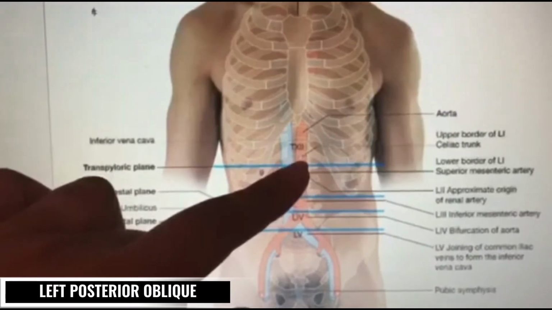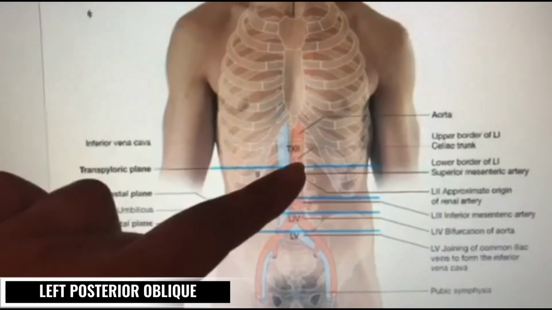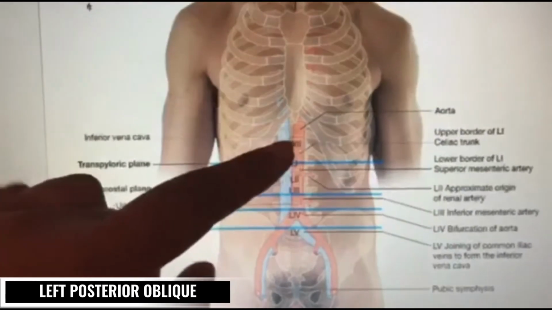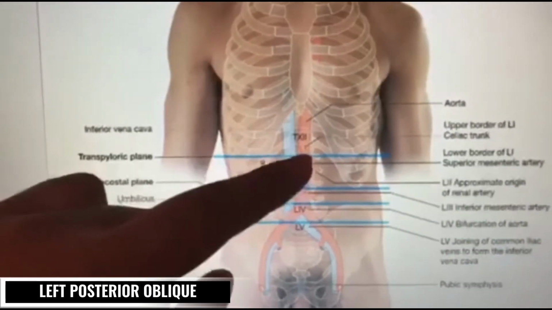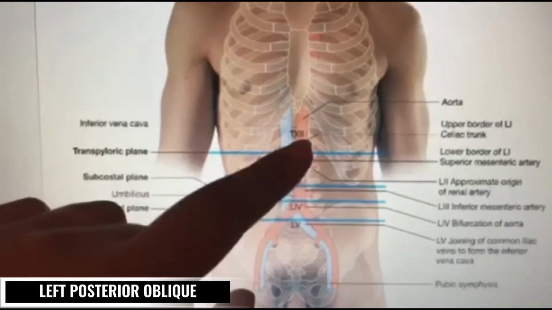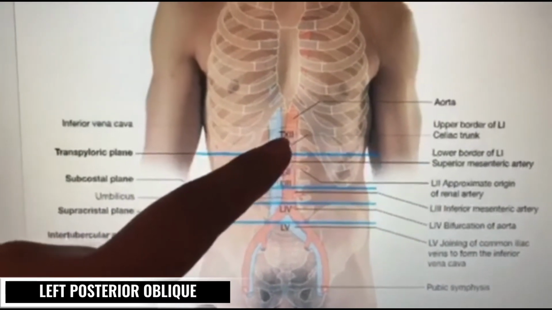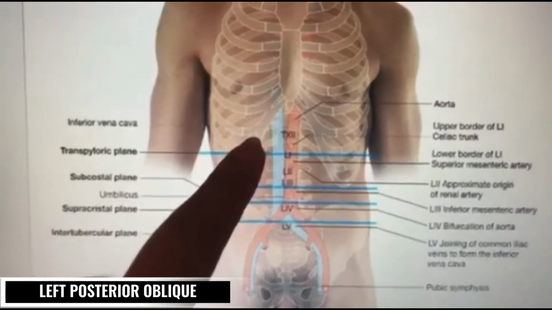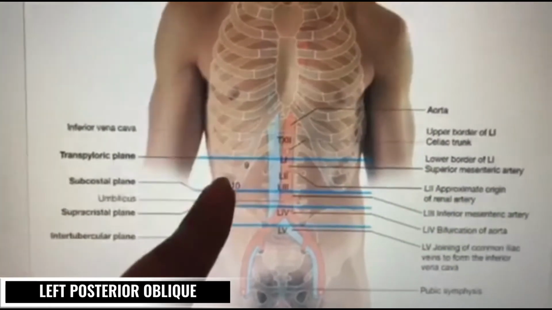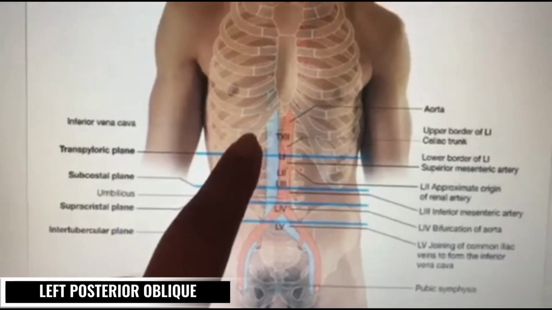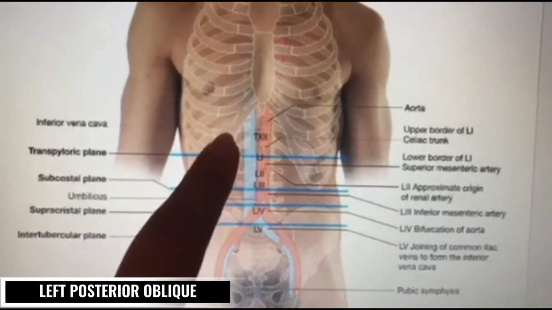Since the hypersthenic body is more transverse, we measure 2 inches above L1, between the midline and the lateral border again. This is where we put the central ray for hypersthenic patients.